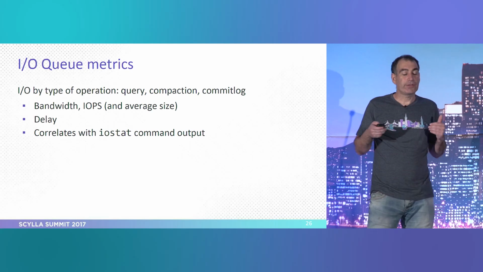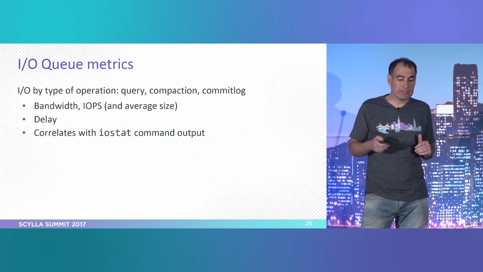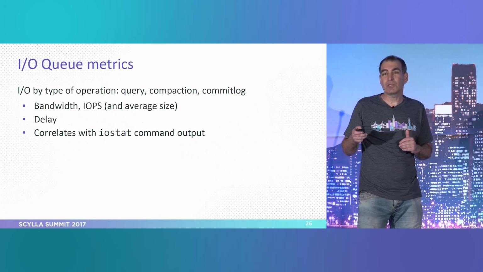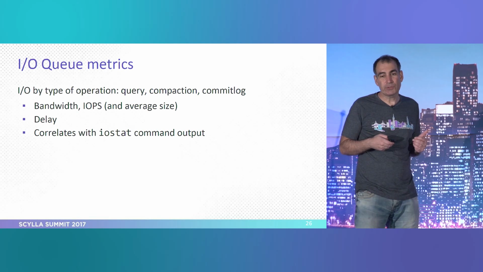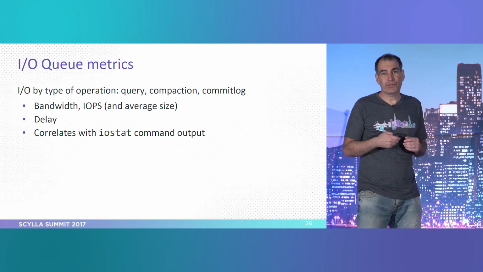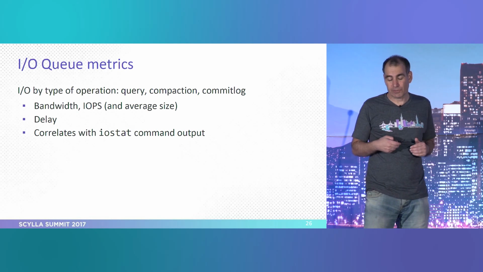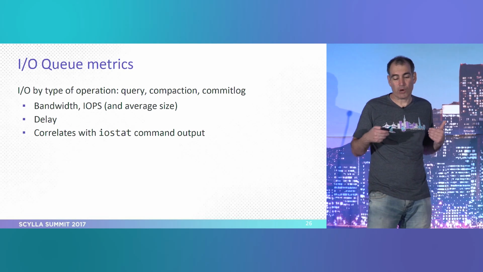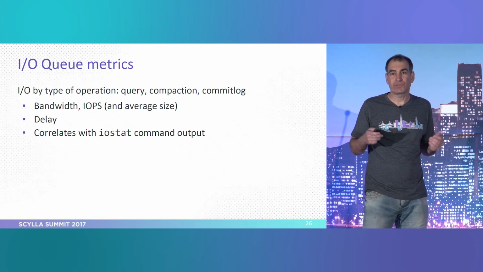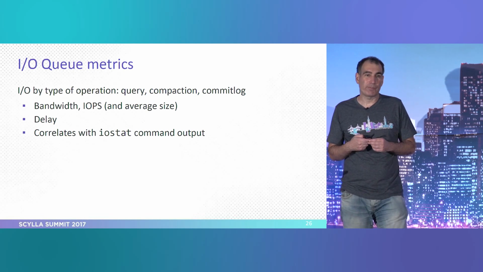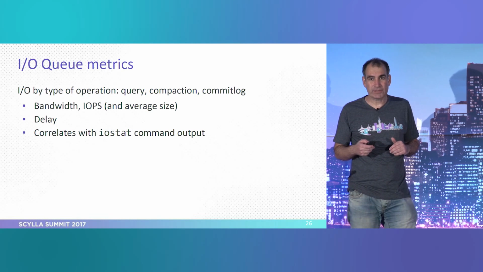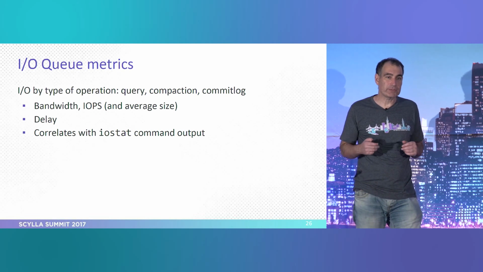If there is not sufficient bandwidth available in the system, then Scylla will delay one or more of the queues. It's important to figure out which one it is and see if it matches what you would want, and how long the delay is. If the delay is pretty long, then maybe your disk is not up to the task, or maybe something is misconfigured.